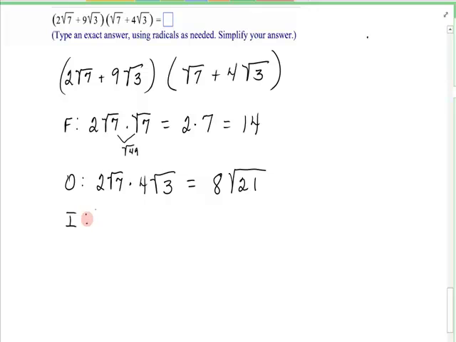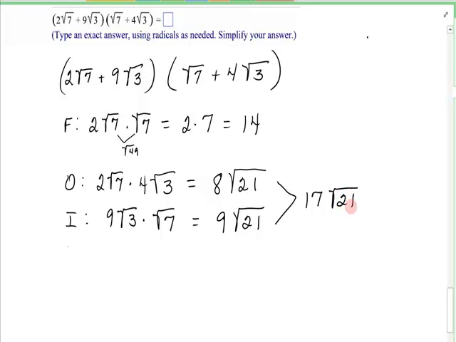Inner product. I have 9 times the square root of 3 times the square root of 7. I'll leave the 9 on the outside. Square root of 3 times square root of 7 is square root of 21. It's very common that the outers and inners will be like radicals. I can add those together for 17 square roots of 21.